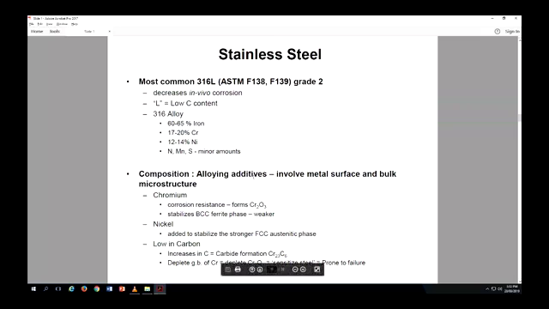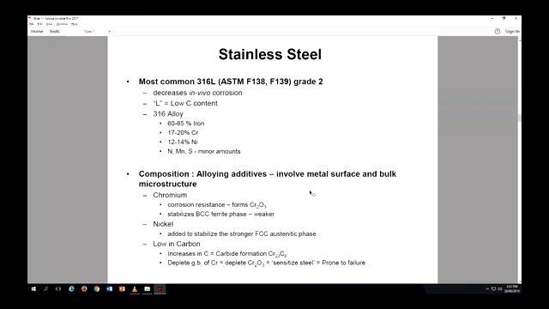For stainless steel, we have very common forms of BCC and FCC. What we mean by that is, for stainless steel, you mainly have iron. In metals, the crystal structure, the way the atoms are linked together, is very important.